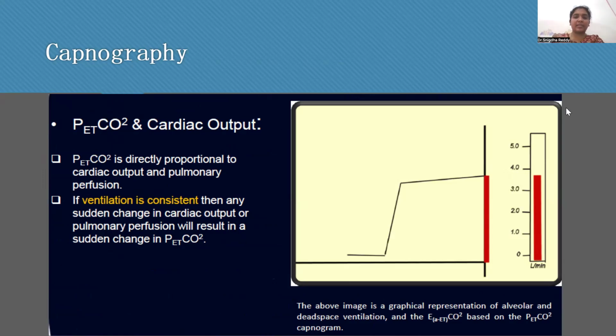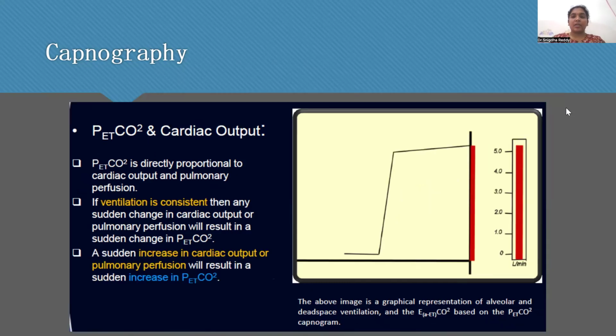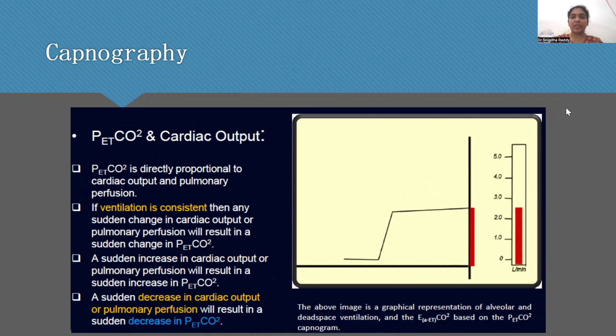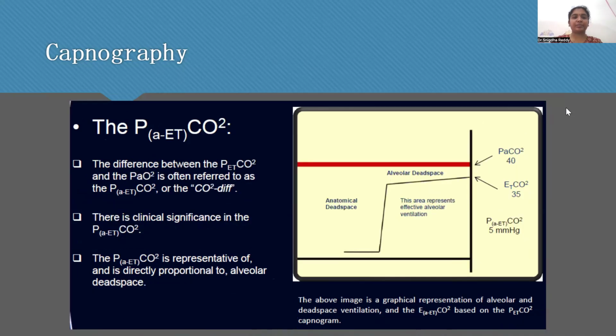The picture depicts this: a sudden increase in cardiac output or pulmonary perfusion causes a sudden rise in EtCO2. A sudden decrease in cardiac output or pulmonary perfusion causes a sudden decrease in EtCO2.